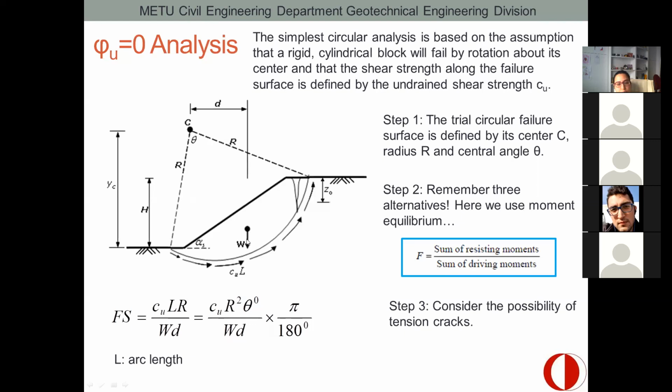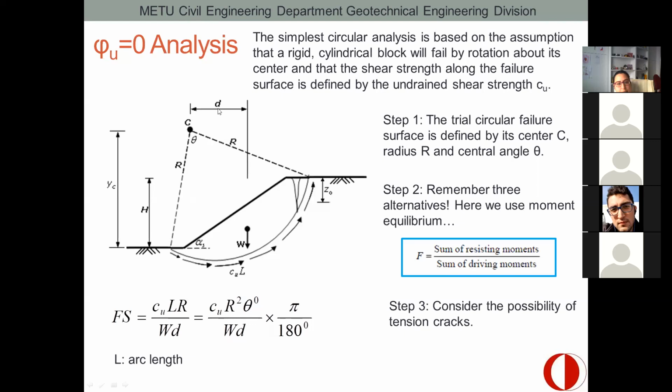So in order to use this method, I need to calculate from geometry the area of this failed surface, because when I multiply it with gamma, it's going to give me the weight. And then I need to calculate the center of gravity of this area, because I'm going to put W on the center of gravity and calculate the moment arm.